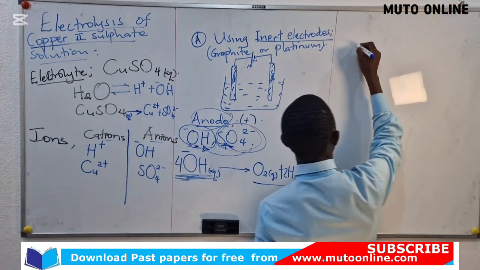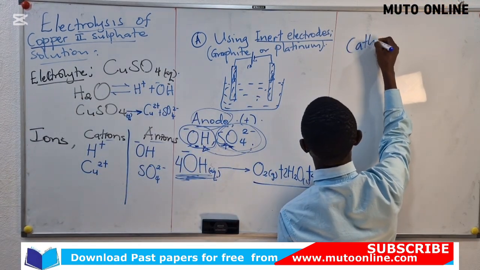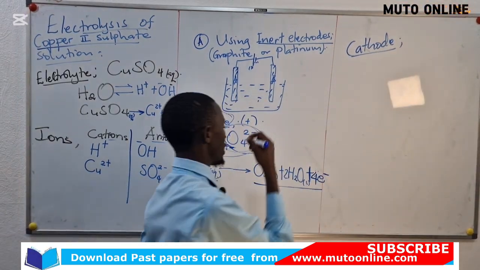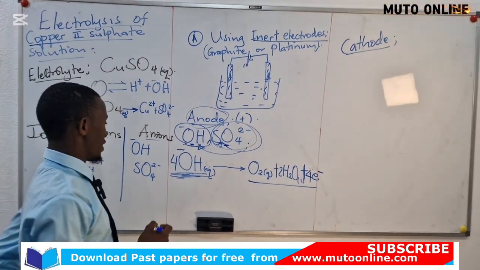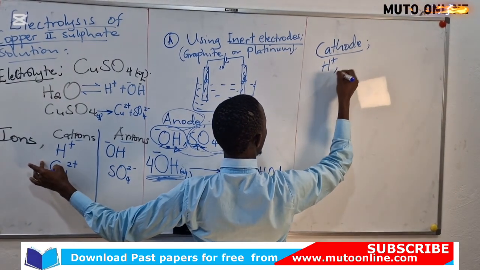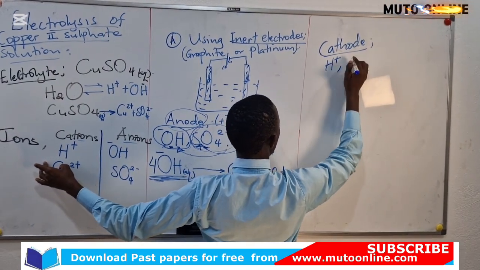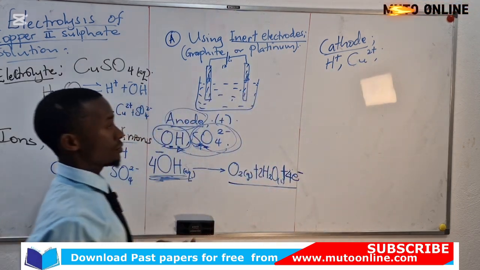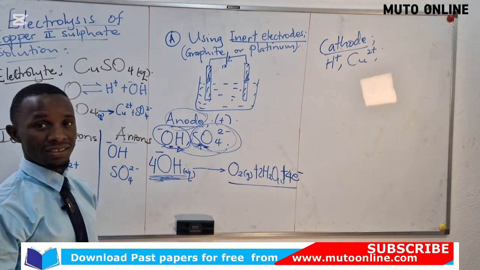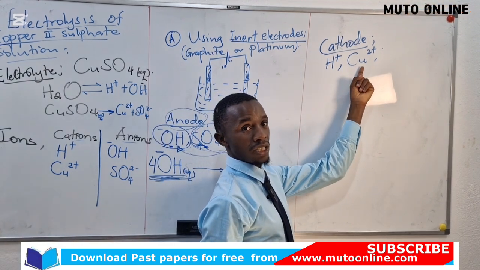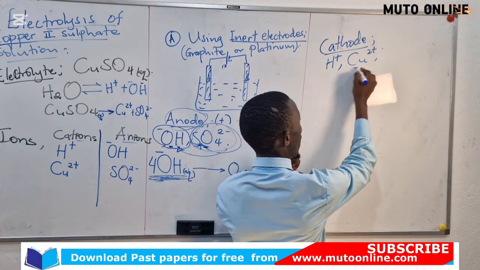And then at the cathode, the positively charged ions will migrate there. That is the hydrogen ions and the copper 2 ions. Once at the cathode, we shall discharge the one that is less reactive, that is copper.